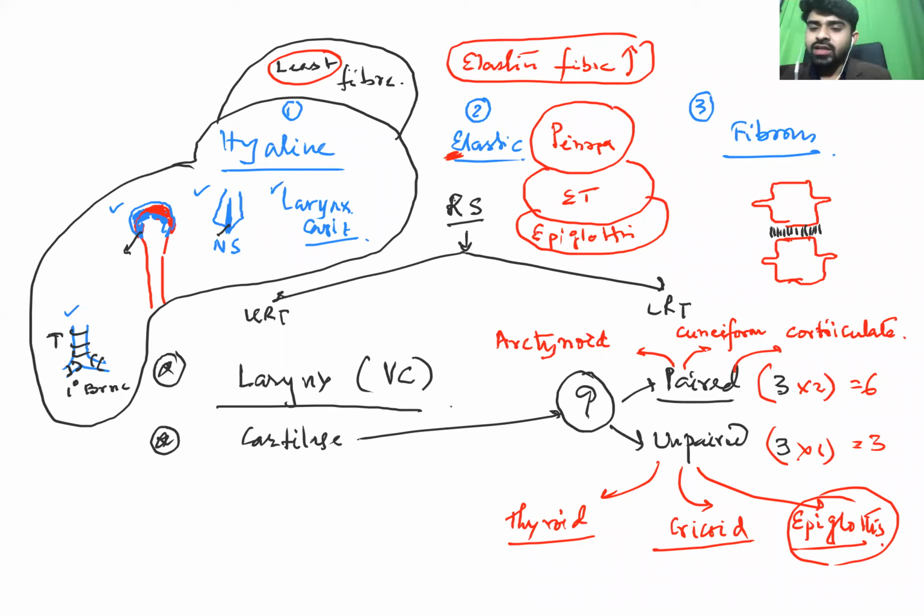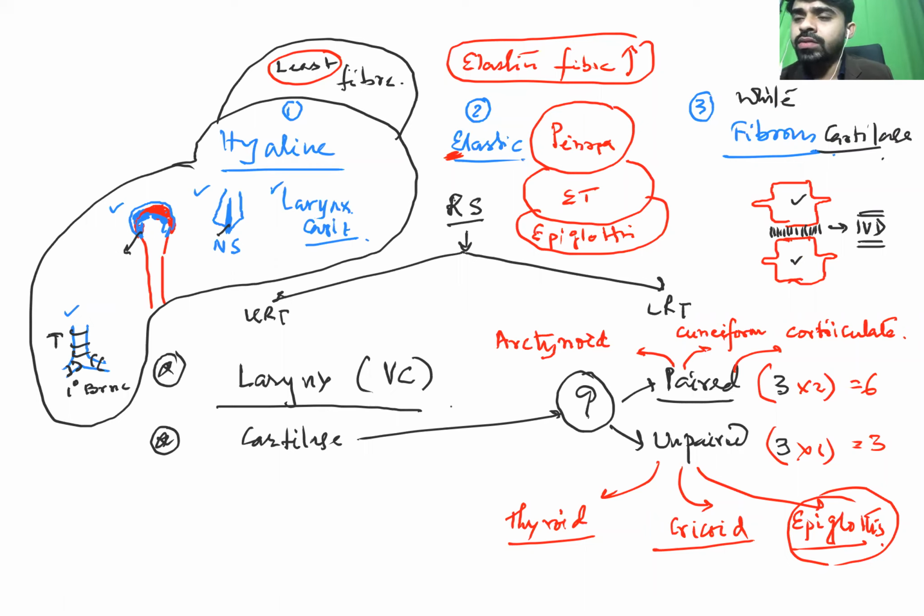Vertebrae is the plural, vertebra is the singular. We can see this is just one vertebra, this is the second vertebra. So this is something called the intervertebral disc. This intervertebral disc is also made up of some cartilage, which is called fibrous. It is called white fibrous cartilage, actually.